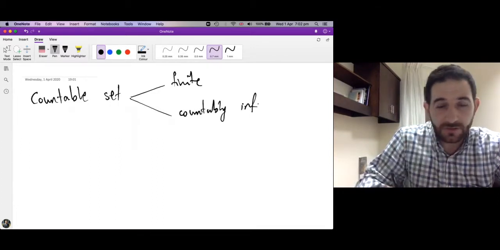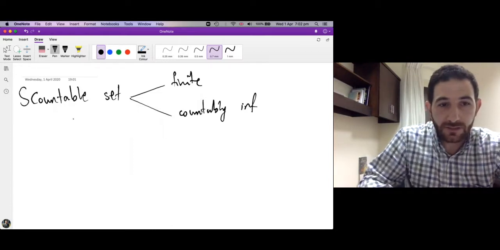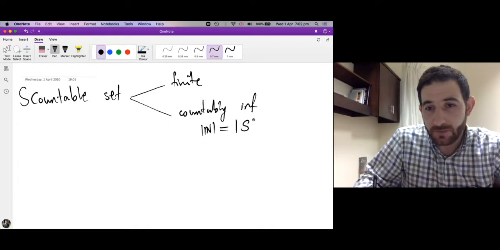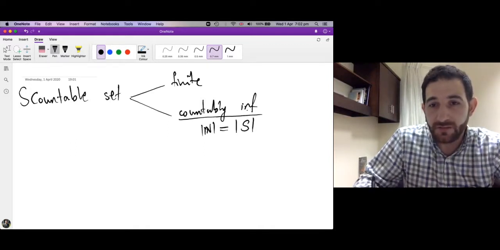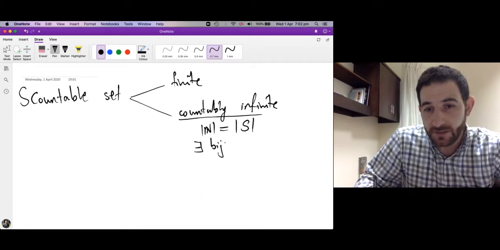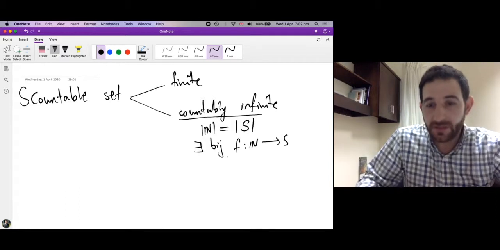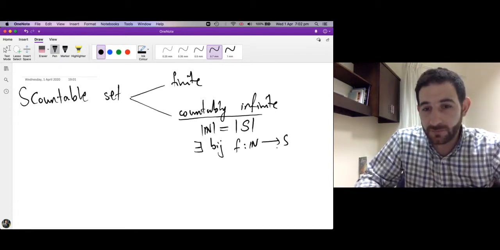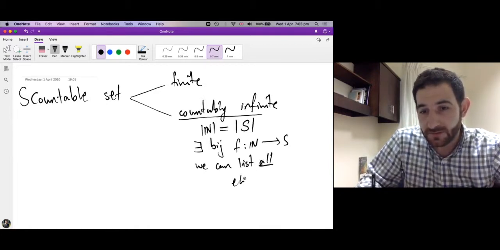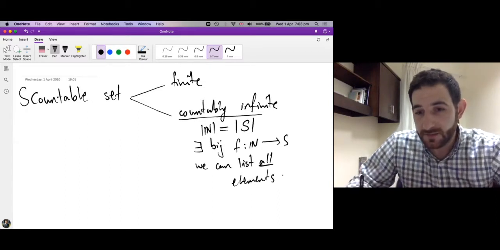And remember, S being a countably infinite set means that the cardinality of the natural numbers is equal to that of the set S. Cardinalities are equal means there is a bijection, so there exists a bijection f from N to S, which means that we can list all elements of S in an infinite list.